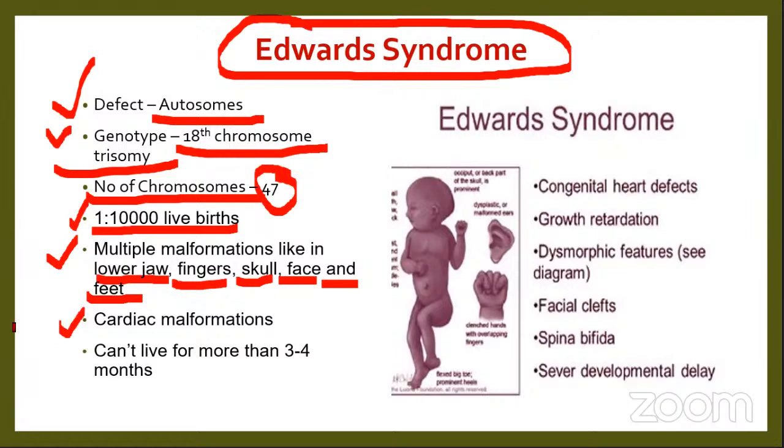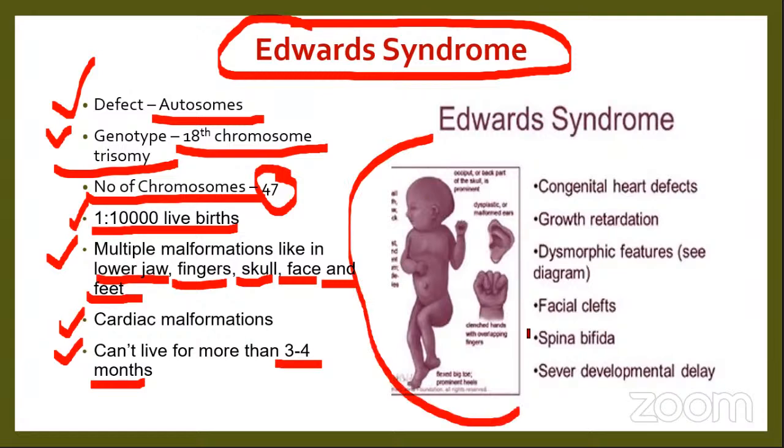So their heart is also not formed properly. They cannot actually live for more than 3 to 4 months. So this is Edwards syndrome. Here in the picture you can see the baby suffering from Edwards syndrome. They have congenital heart defects. Congenital means present from the time of birth.